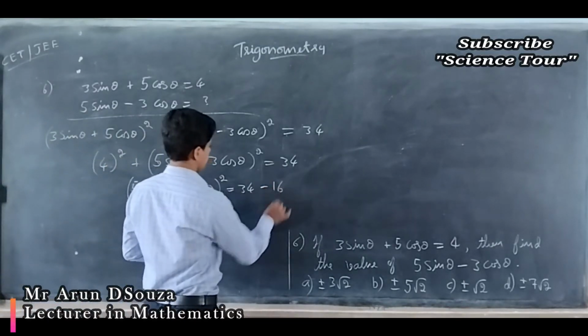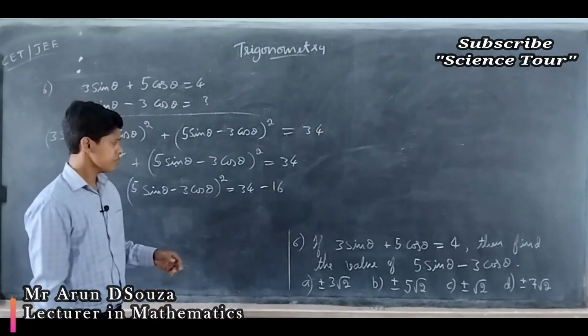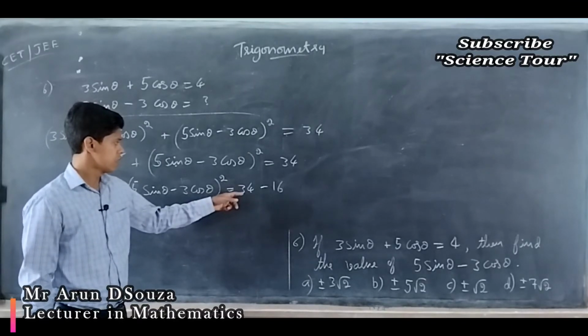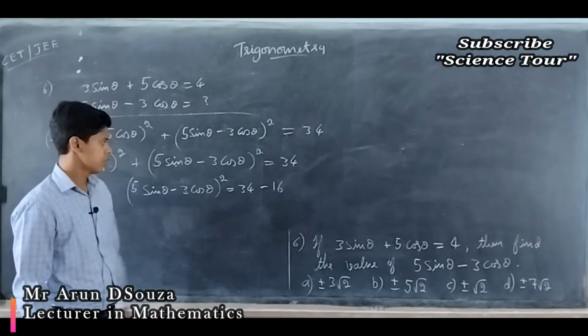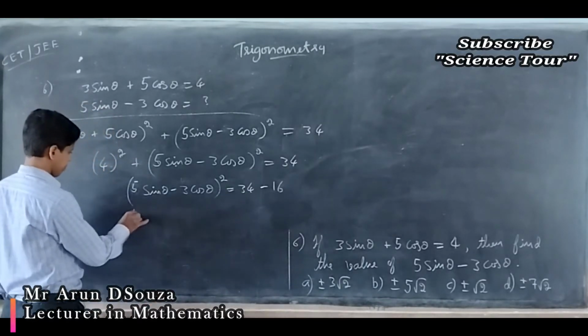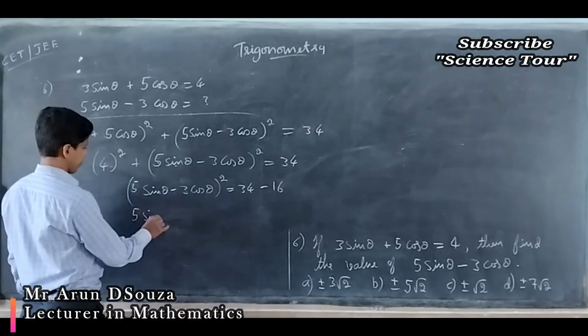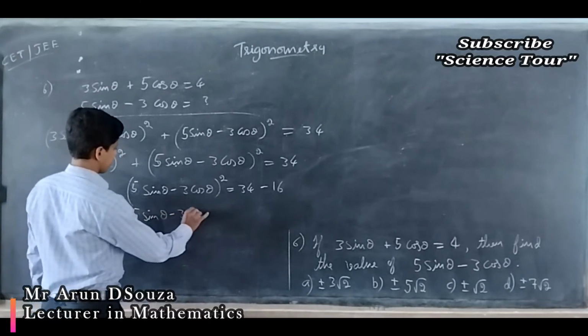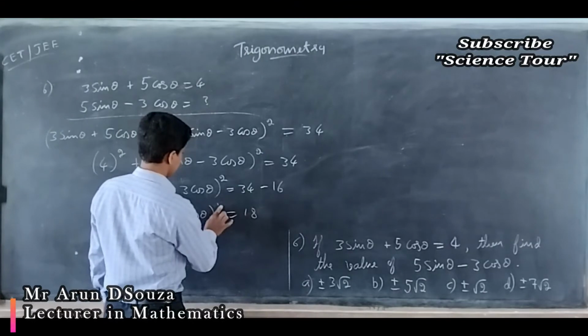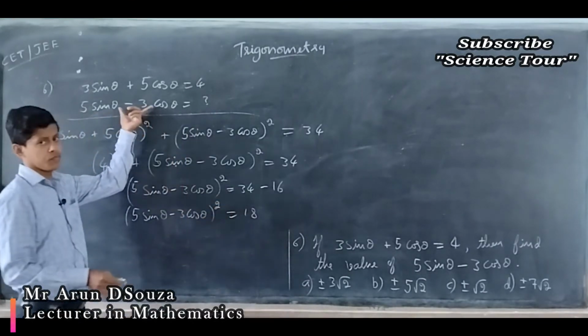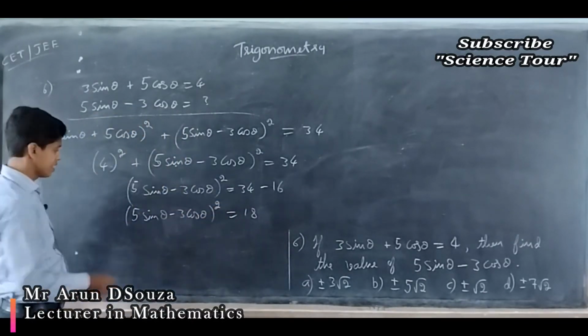So subtract 16, that will be 18, correct? So we don't need the square of it, so take the root on both sides.